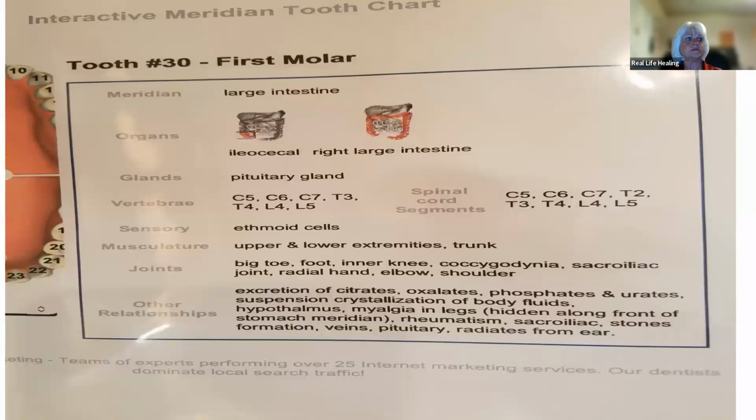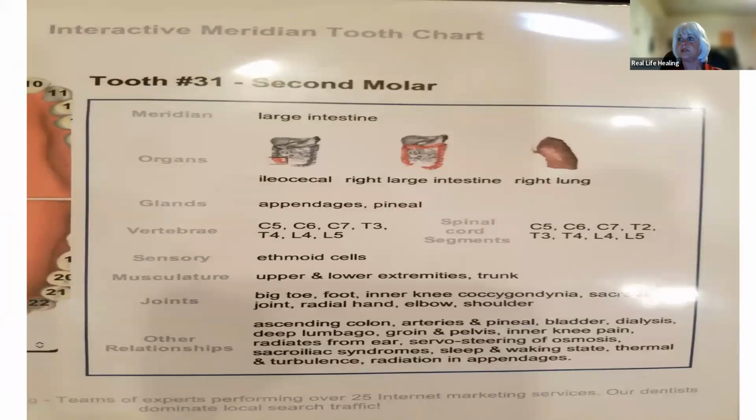30. 31. Right lung, right large intestine, appendages, the pineal gland. And you know, the pineal gland regulates your sleep-wake cycle. So consider what's going on with my second molar.